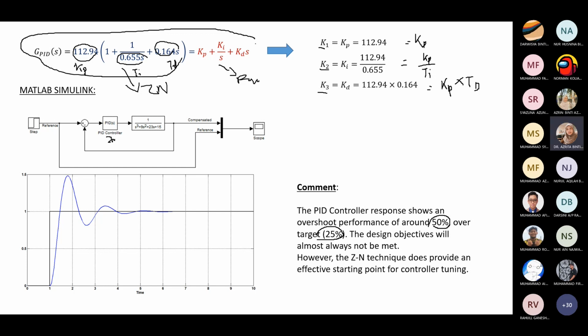Even though the Ziegler Nichols technique does not provide the desired design requirement, it is the starting point for how to start our controller tuning. After that, you can just adjust your value of Kp until your design requirement is met.